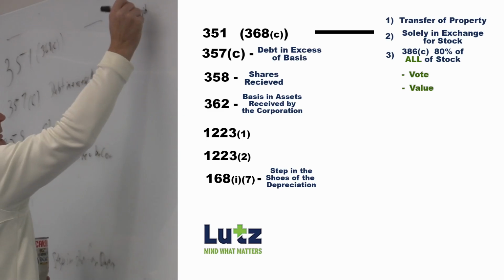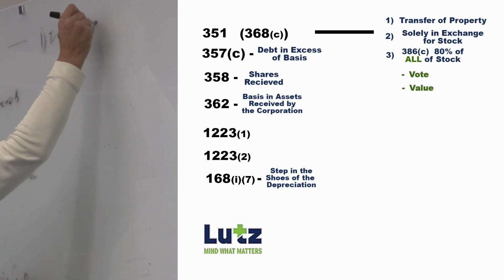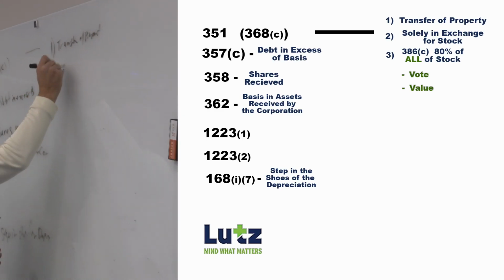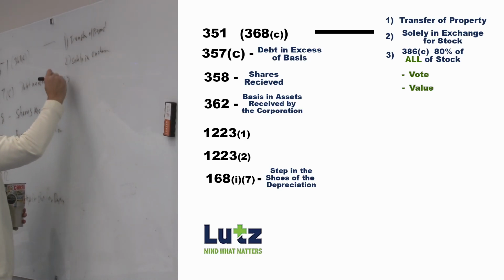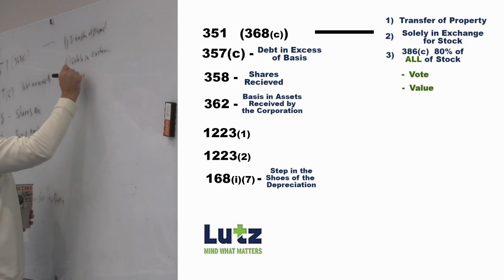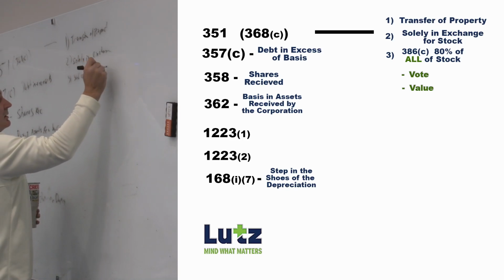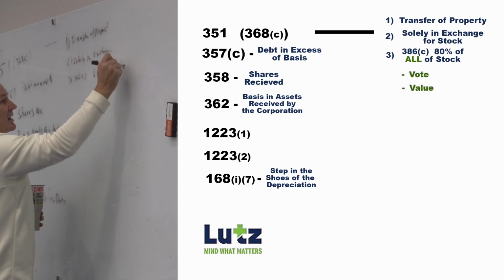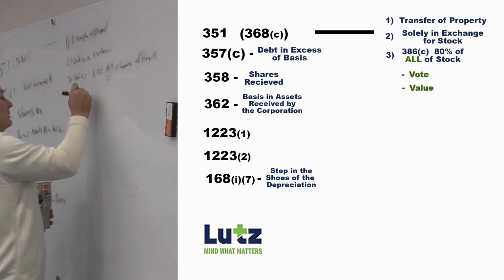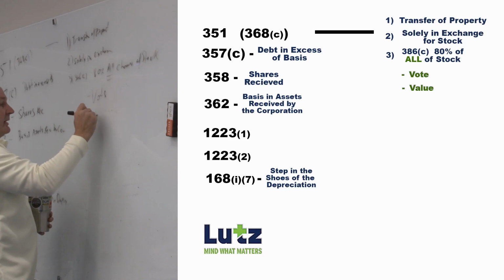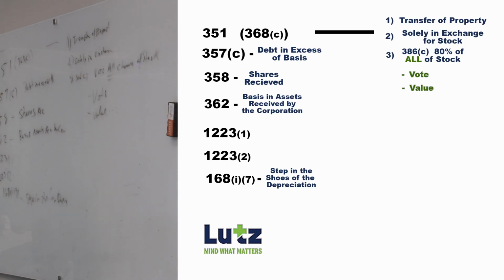There's a transfer of property, then they receive stock solely in exchange for the transfer, and then the 368 piece: they have control of 80%. 368(c) control, 80% of all classes of stock, vote and value. Okay, we're just going to leave that there for a second.